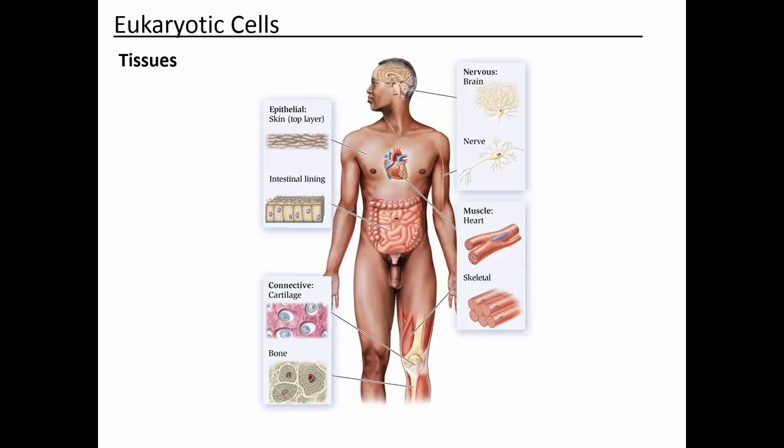And then the fourth major tissue type is muscle tissue. Muscle tissue generates force that facilitates movement.